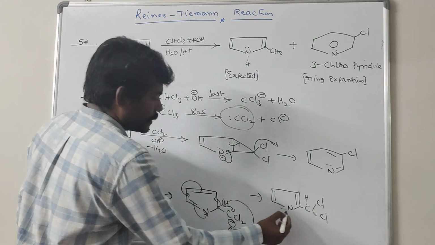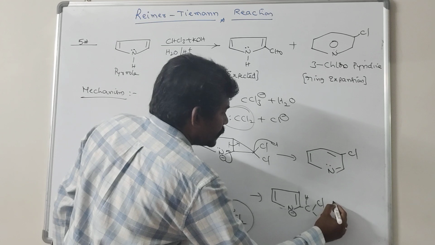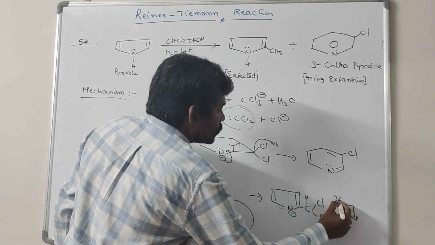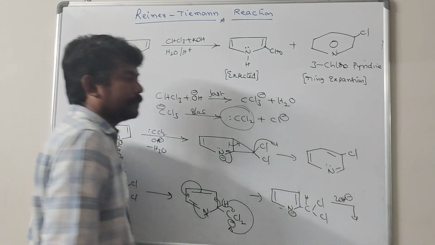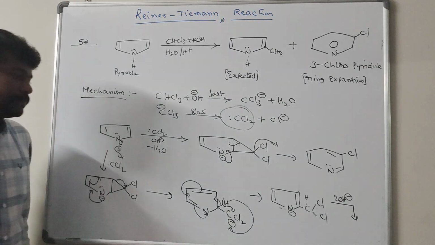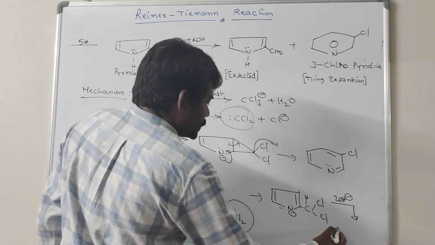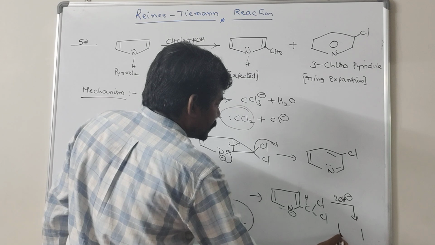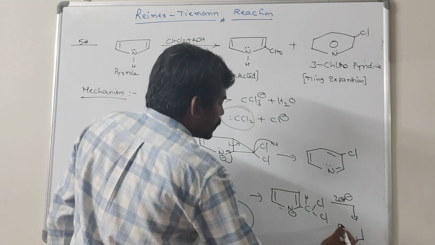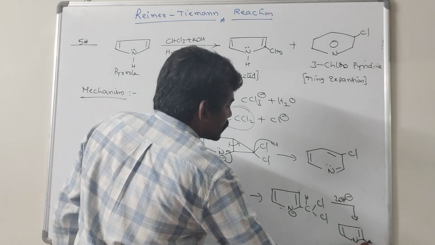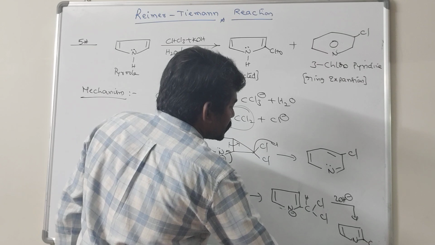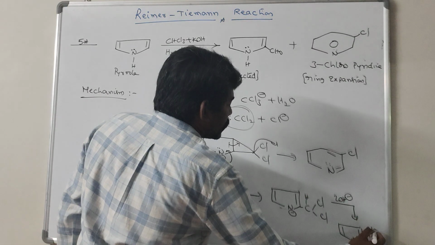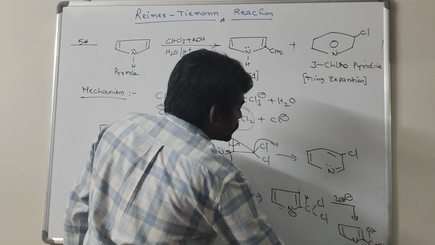With the electron shifting, the nitrogen atom is negative. 2 moles of base react here. OH attack takes place. We get N, CH with OH and OH.